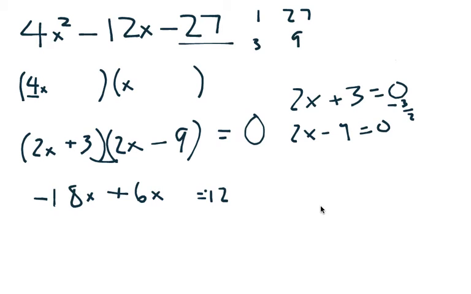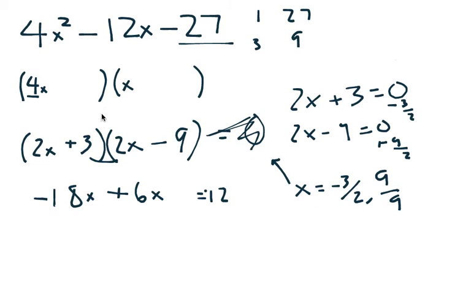So x is equal to -3/2, or -1.5. Move this 9 over, and then divide by 2, and then it can also equal +9/2. So that'd be your solution if it equals 0, and if not, you just keep it as factored form, because if it's not equal to anything, you can't solve it. It's just like that.